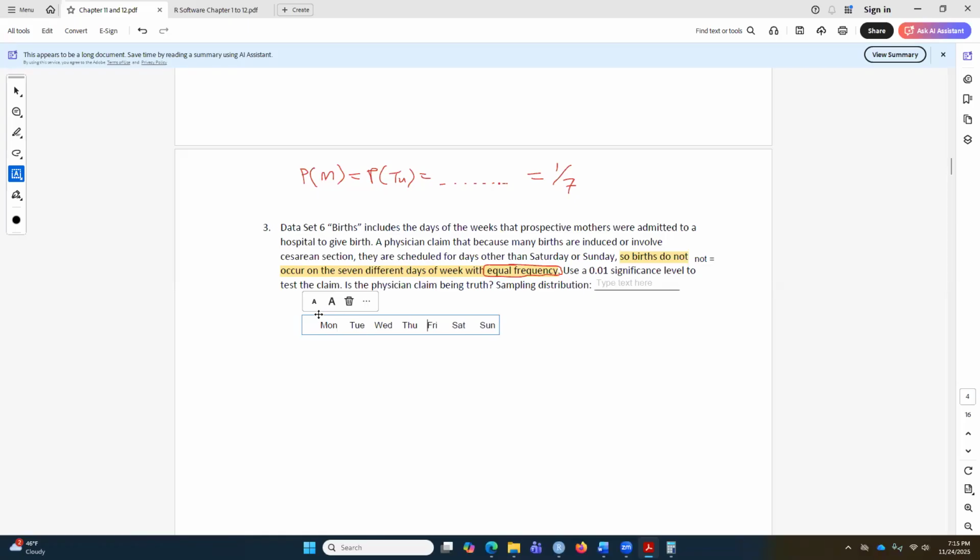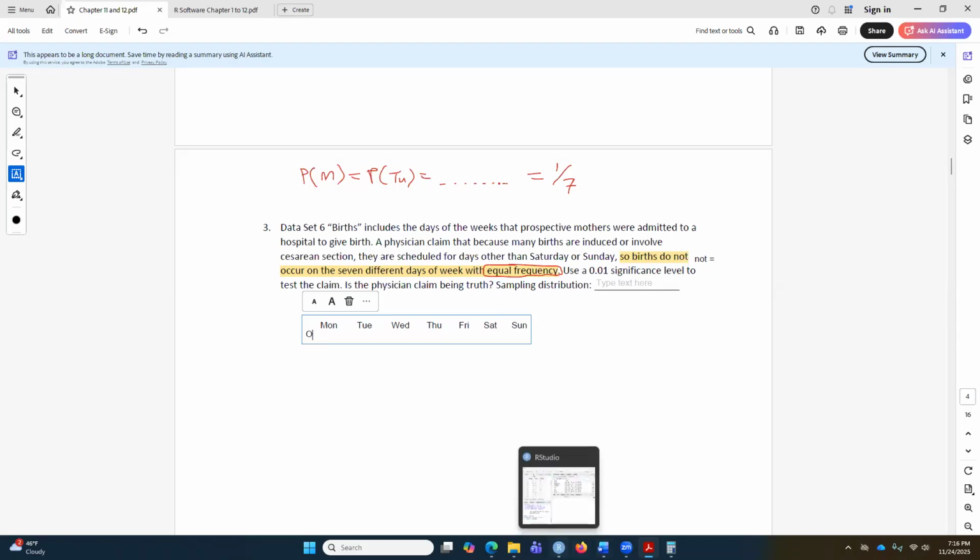So first thing first, you have to do the observed frequency. Usually the observed frequency is given in the question, like how many are in this group, but because we're using data sets here, you have to use your data set in this case. So this is observed. I just put O so you guys know that.